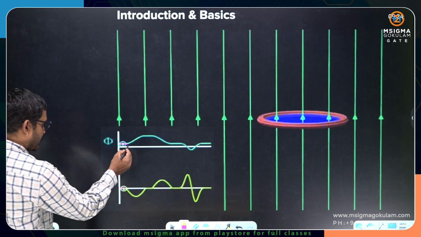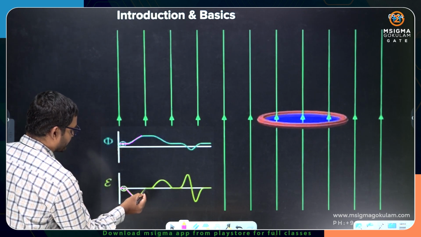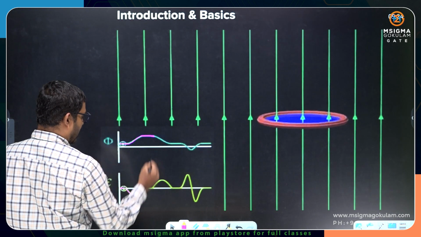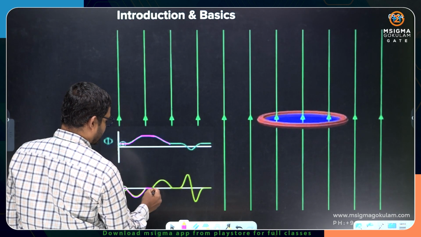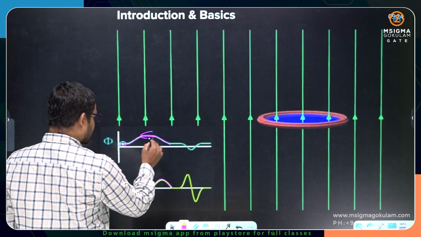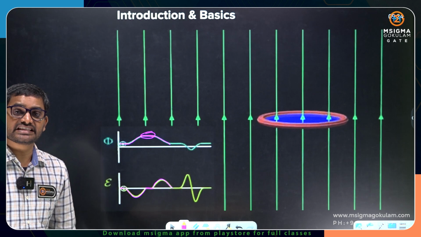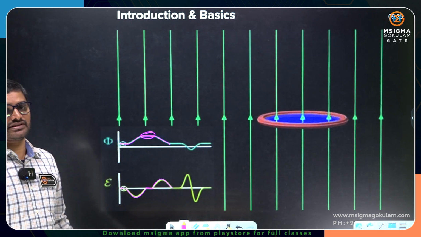Okay. Now you see, as the flux is increasing, as the flux is changing, the EMF is inducing. When the flux is constant, again the EMF is 0. When the flux is decreasing, again the EMF is inducing. So please see that for constant flux lines EMF is 0. When there is no change in flux lines, EMF is 0.